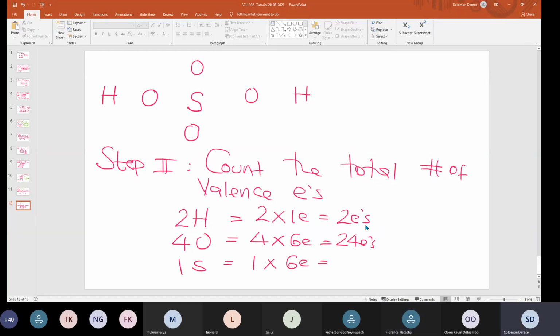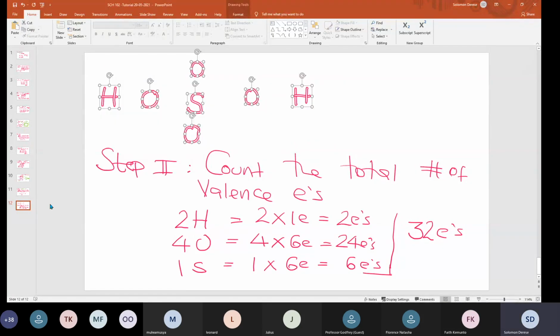So these are 6 electrons. Therefore, the total number of electrons is how many? 32. 32 electrons. So let me pick this one.